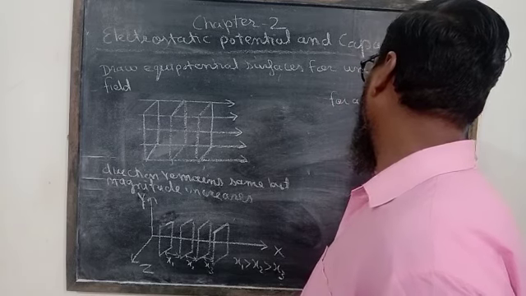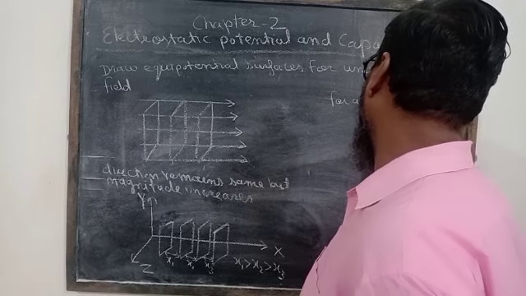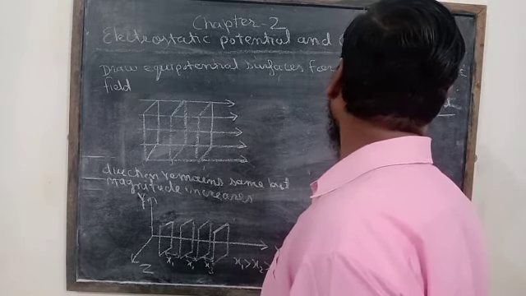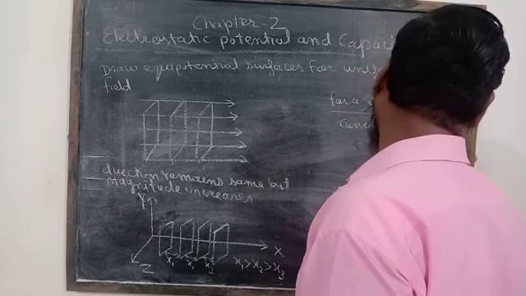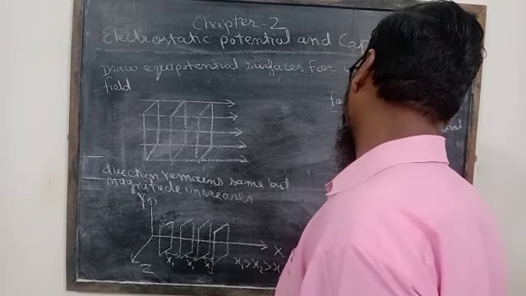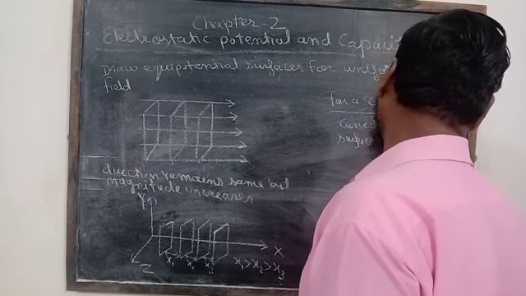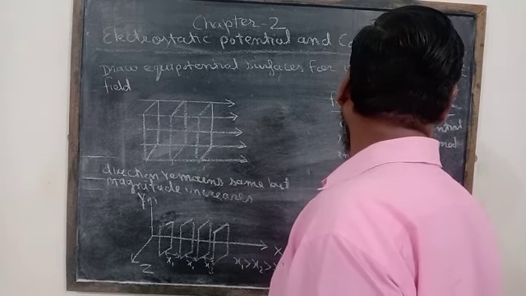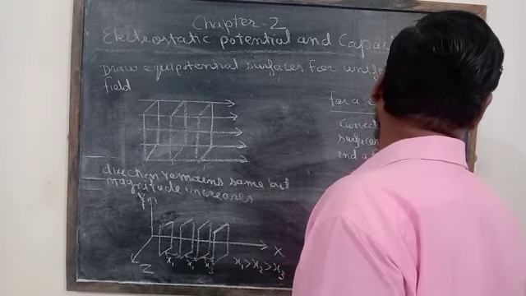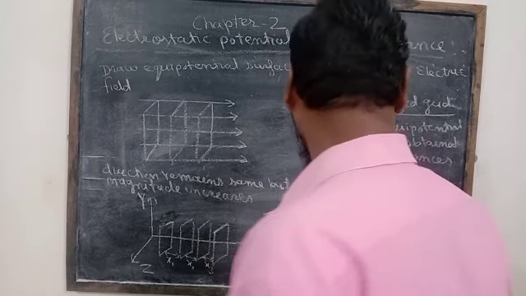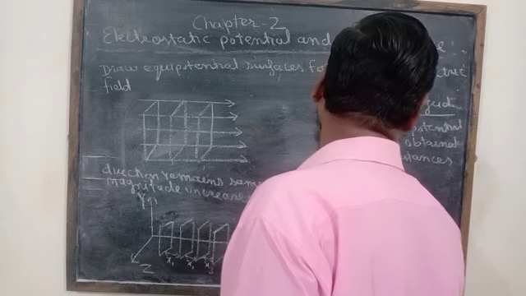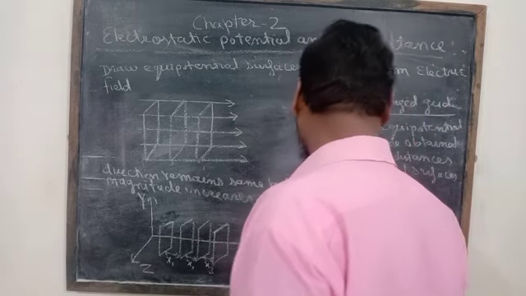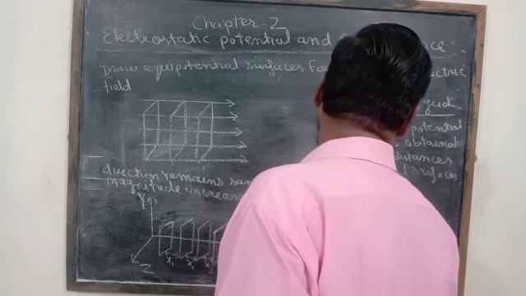For a charged grid, curved equipotential surfaces are obtained and at far distances equipotential surfaces become plane.